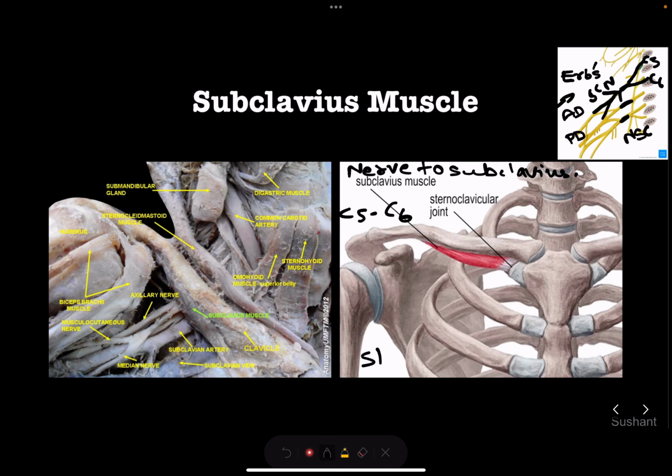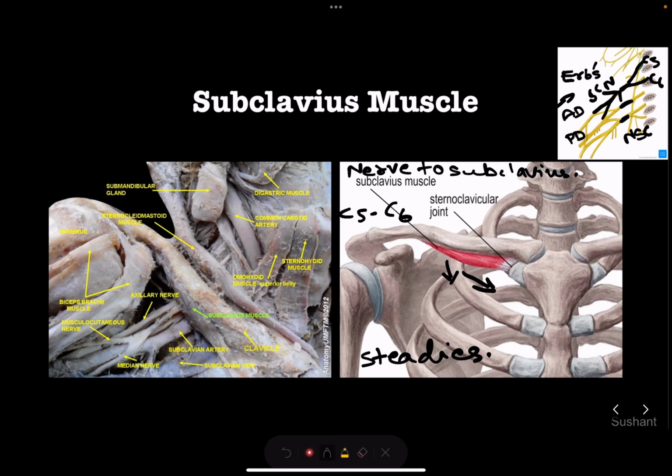It basically steadies the clavicle during the various movements of the shoulder. Mainly it pulls the clavicle inferiorly and medially during the movements of the shoulder.